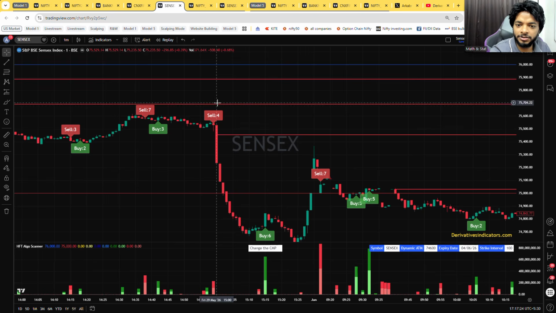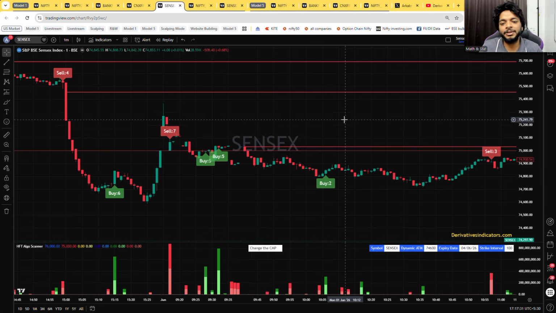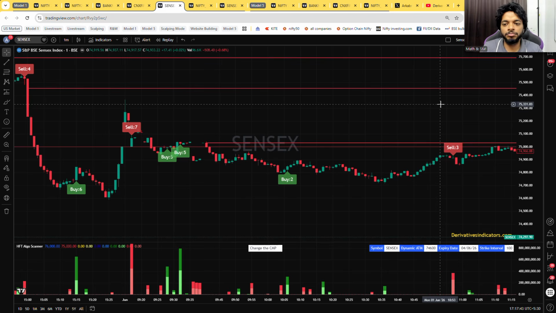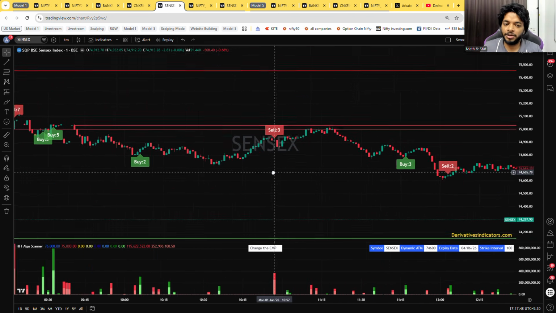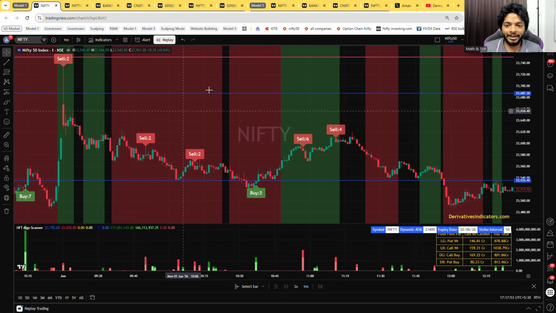Here, you can see that the sell of strength 4 came in. Now it's saying to change the current market price. The ATM we have made dynamic, but since only 40 strikes can be taken at a time due to TradingView limitations, it's a very big range, and within that range you don't have to change the ATM, so it works fine. Today I didn't have to change the ATM of Nifty.